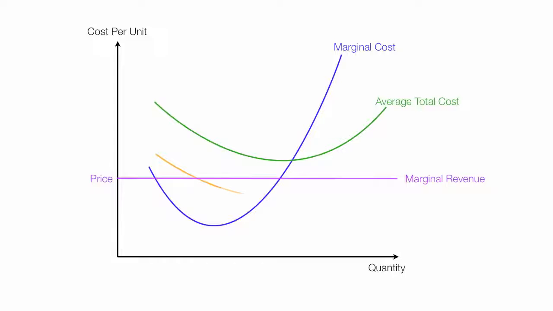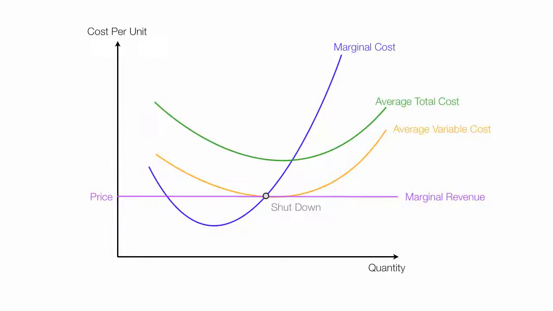Let me draw the average variable cost curve back in. Prices can fall to that level right there, and we call this the shutdown point. Any price below here and the firm shuts down. So right here we have a quantity of Q, and let me put the cost in as well. It's that green line right there, or cost.